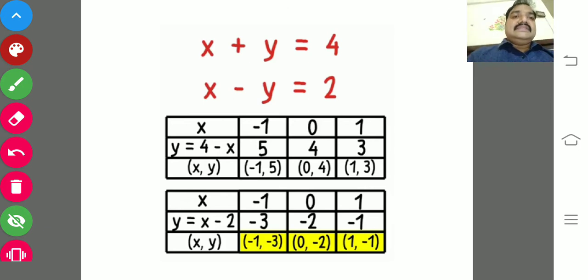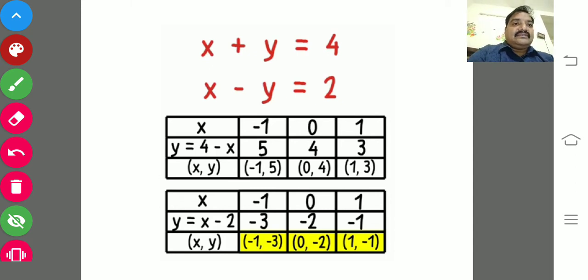When you see the question, the first thing you have to do is make y the subject. After finding the y subject, you have to predict some probable x values, take them and substitute in that, then you will get the y values. After finding the y values, you write the x values and y values as ordered pairs. So that is very, very important.